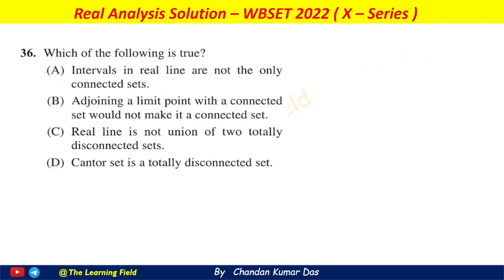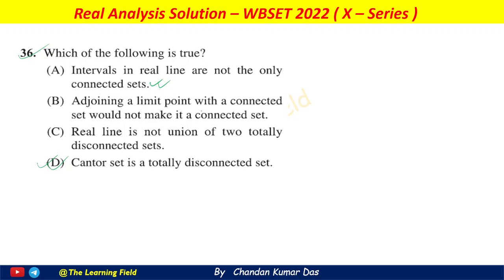This is question number 36. Which of the following is true? Here the options are very statement based. The Cantor set is a totally disconnected set. This is the correct answer. If you discard the other options: intervals in the real line are not the only connected sets. Yes, this is correct, because any singleton set is also a connected set.